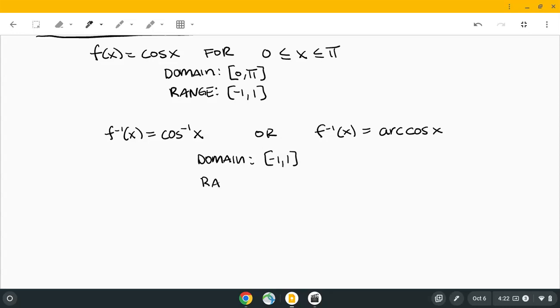And our range, our results, are going to be angles that are somewhere between 0 and pi. So again, make sure you understand what this means.